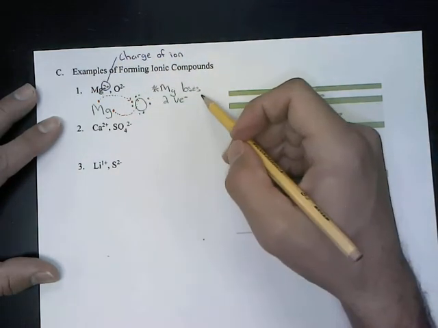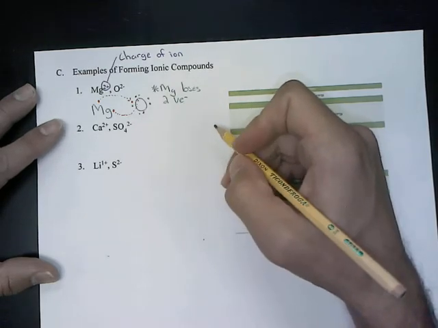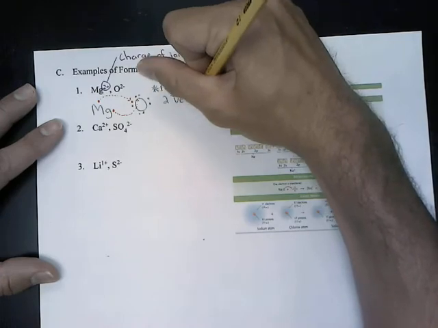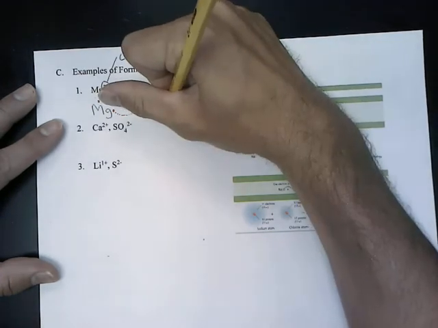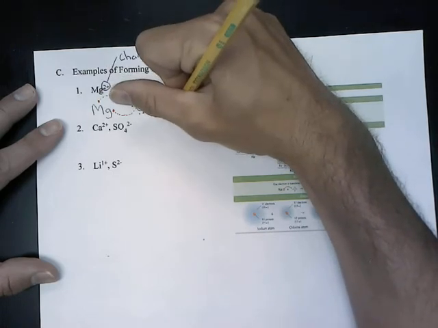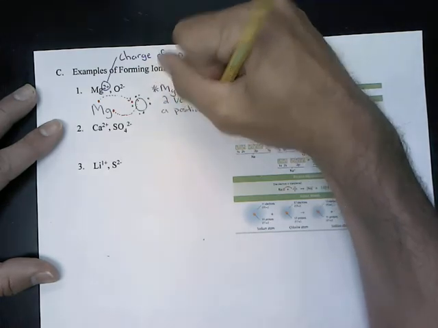By losing 2 valence electrons, it becomes a positive 2 charge. This forms a positive 2 charge.